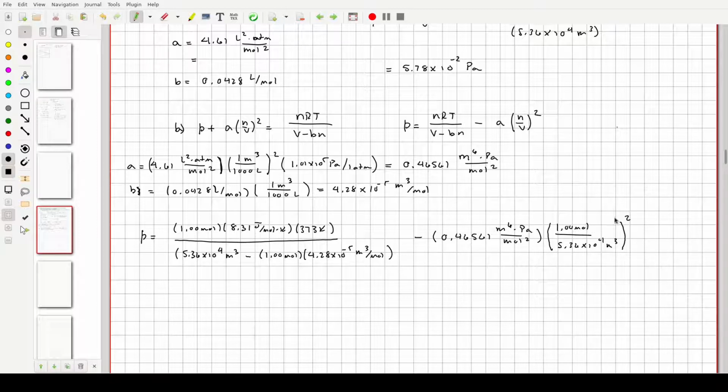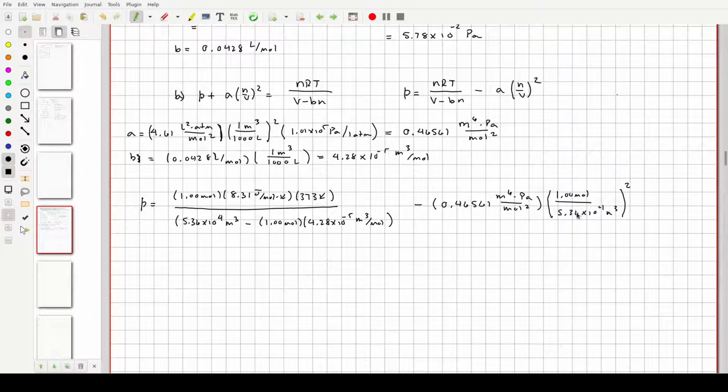Your moles are going to cancel because that's squared, and you end up with pascals, which is what you want. But look, down here in the denominator, this is affecting things around the eighth decimal place, basically. So we're not going to see an appreciable difference between this pressure and the pressure you get through the ideal gas law. But let's just see what we get.